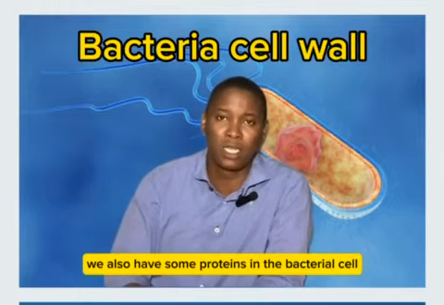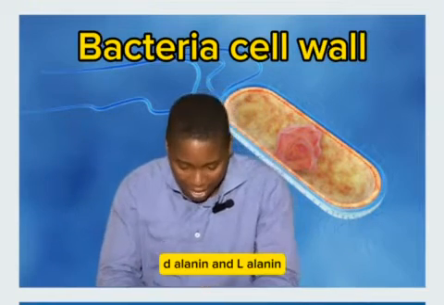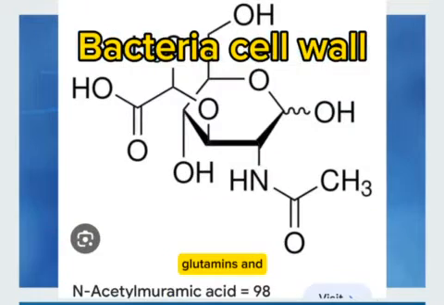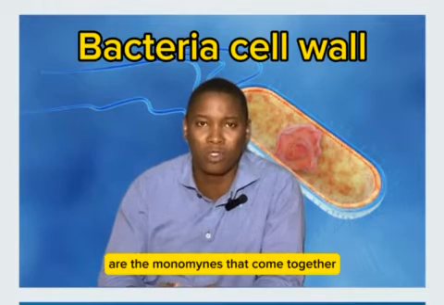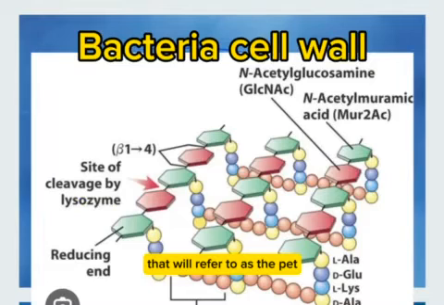We also have some amino acids, which include D-alanine and L-alanine. We also have D-glutamate and a diamino acid. All these six monomer units that I've discussed come together to make that structure that we refer to as the peptidoglycan layer, and it's very, very important.